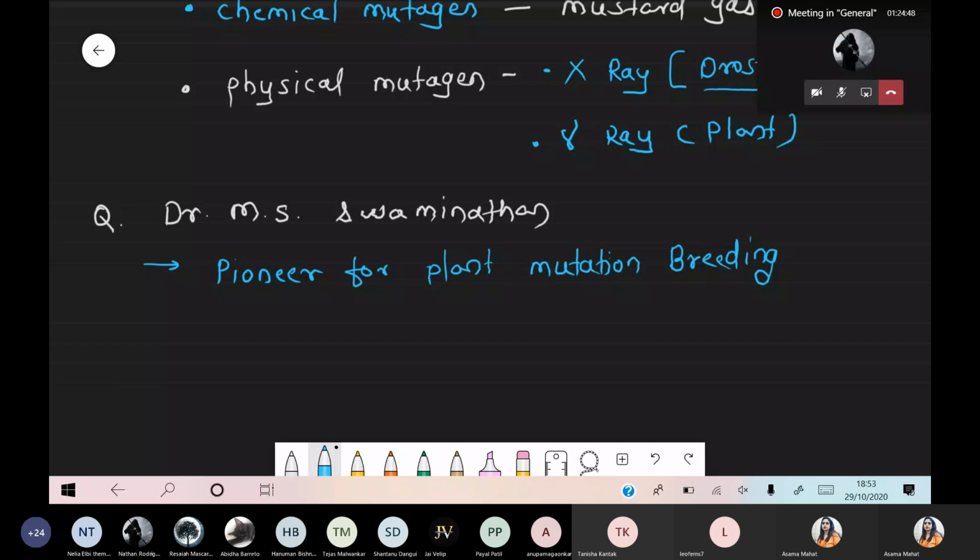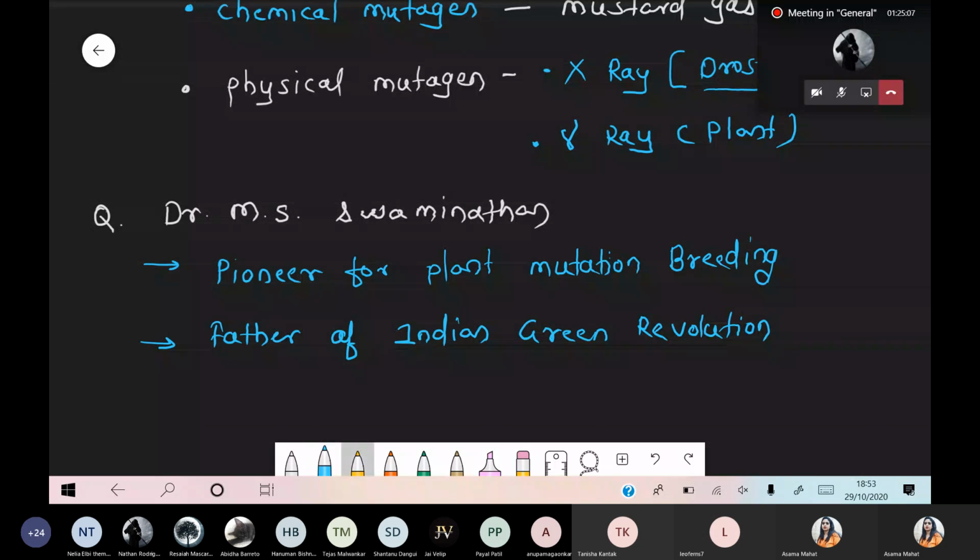As well, he is the father of the Indian Green Revolution, remember. Because during 1960 to 1980, these were very important years in India, because Mexican varieties came to India.